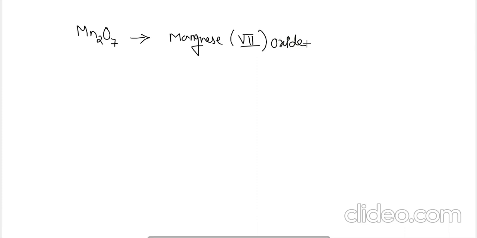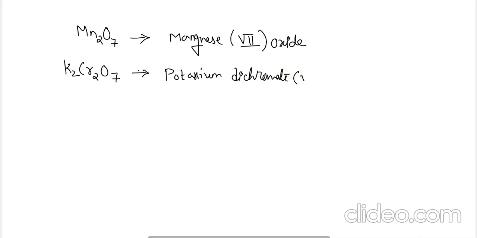The name will be manganese(VII) oxide. For chromium, in potassium dichromate, the chromium is having the oxidation state of 6. So like this, elements with higher oxidation states can also be represented using the Stock system. Okay, the Stock system cannot be used for the non-metals.